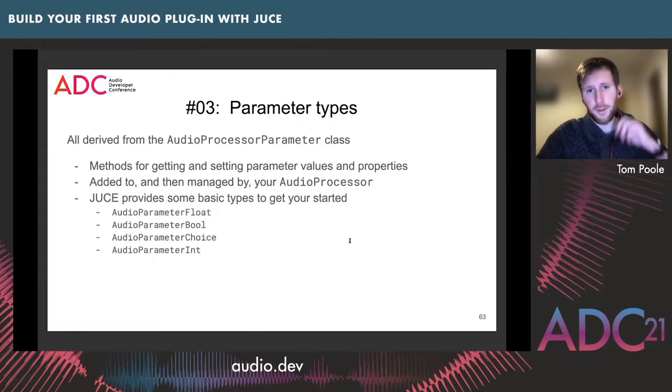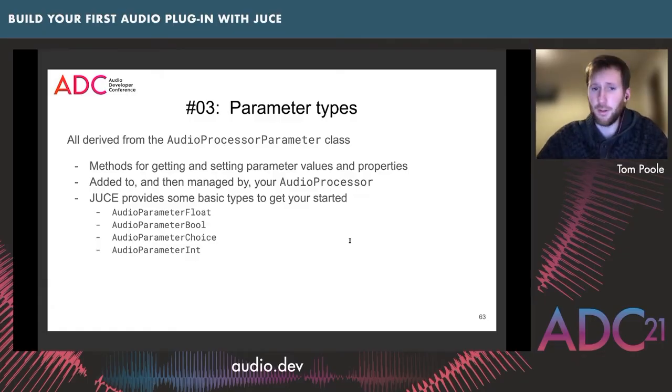The easiest way of doing this within JUCE is to use one of the AudioProcessorParameter subclasses that we provide. These are a nice wrapper around parameters, where the AudioProcessorParameter classes provide methods for getting and setting parameter values and properties.